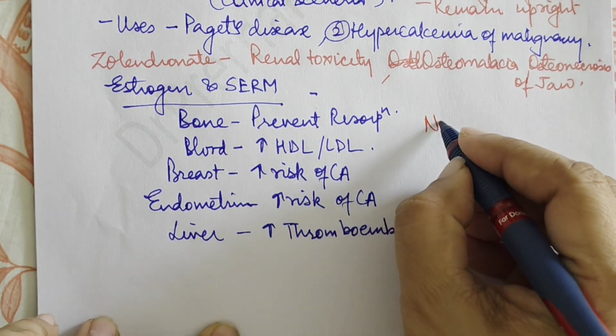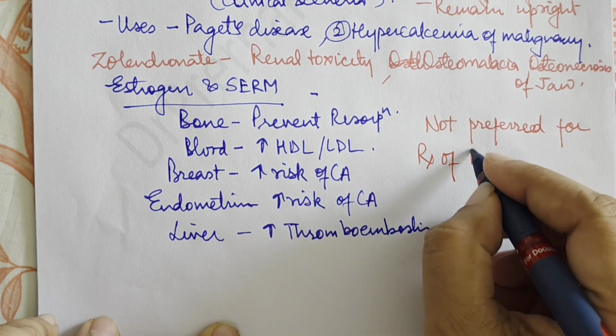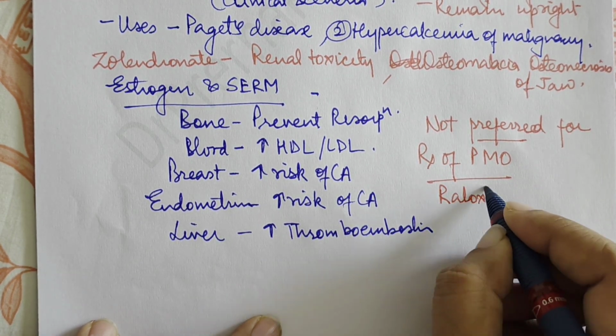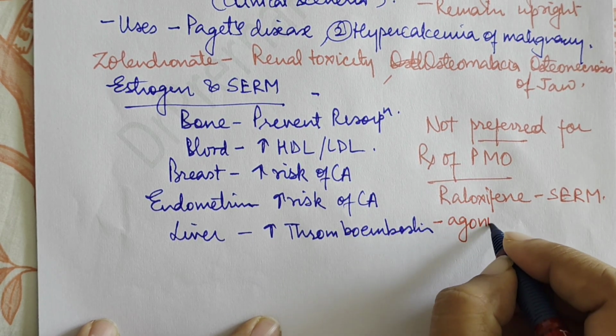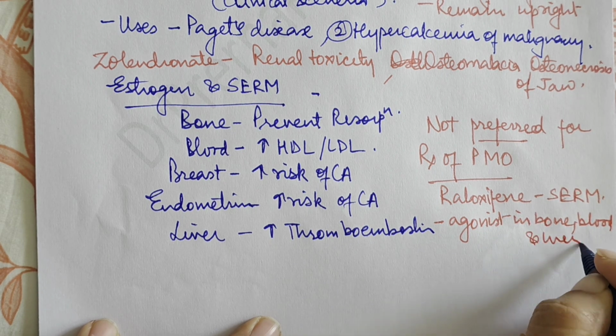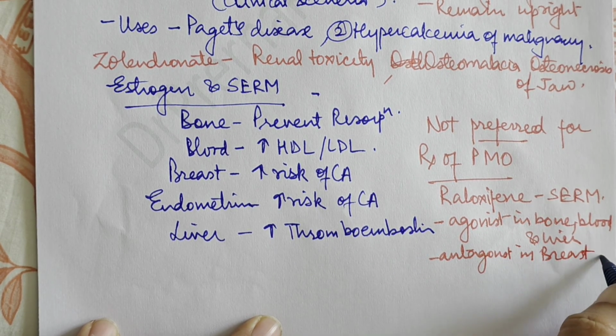Now they are not preferred for treatment of postmenopausal osteoporosis because we have better drugs, that is bisphosphonates. Then raloxifene is the SERM which is used in postmenopausal osteoporosis because this is agonistic in bone, blood and liver, and it is antagonistic in breast and endometrium, right?